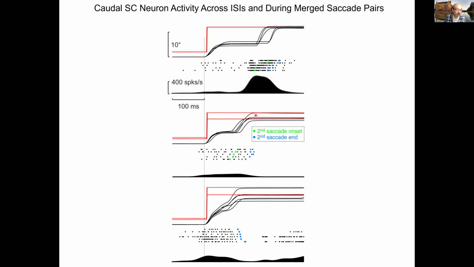So here, a similar corrective saccade happened as in this one. It might be a little bit slower, but the latency is much shorter, 50 milliseconds or less. As you can see, the dots here, I'm sorry I have to tell you, represent the onset and end of the second corrective saccade. So the activity is way lower than that, basically.